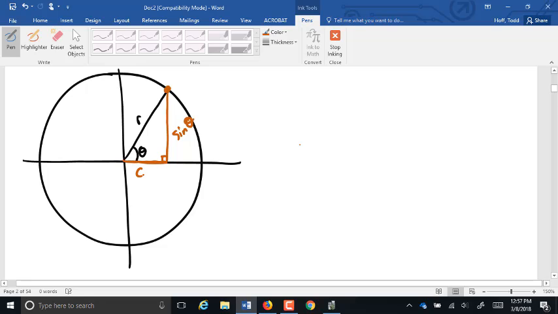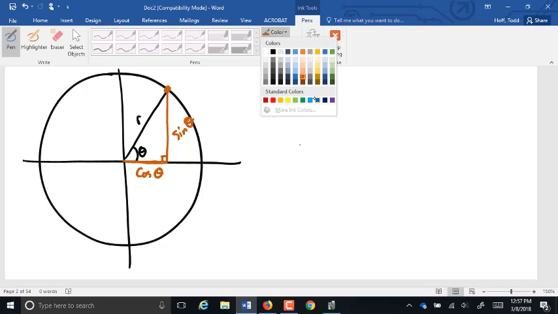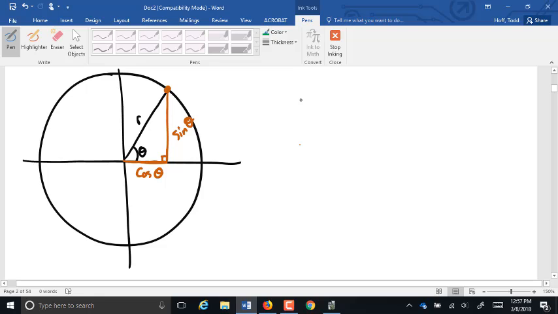This length here is the cosine of that angle. If you remember back to last semester for our graphing, this point here on the circle then is an xy coordinate, where the x coordinate is the cosine of the angle and the y coordinate is the sine of that angle.